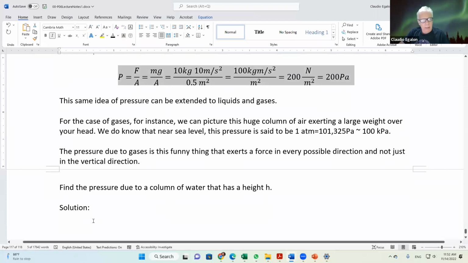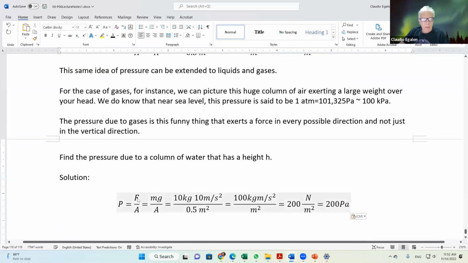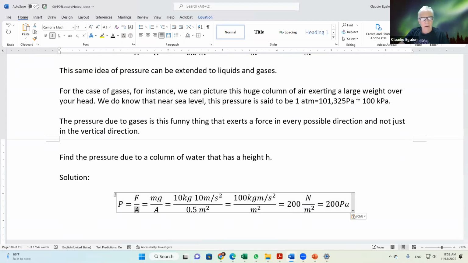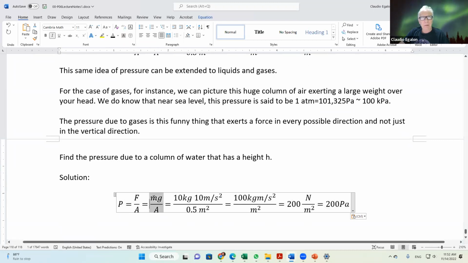Don't forget, pressure is force divided by area, right? And this force is going to be the weight of this column of water that's above you.